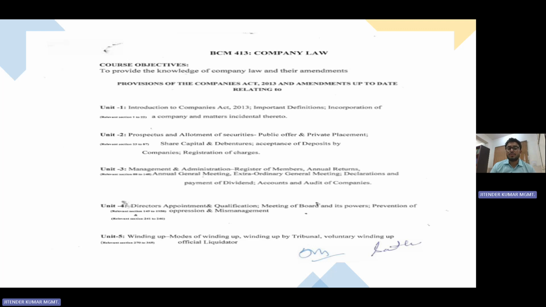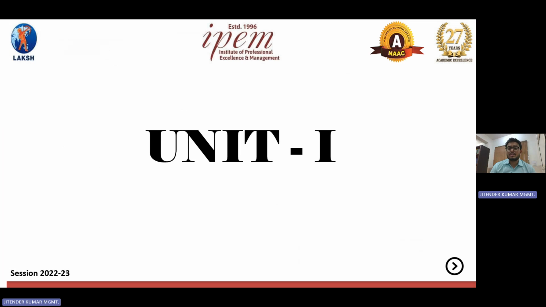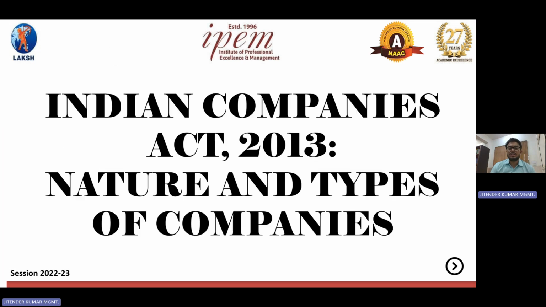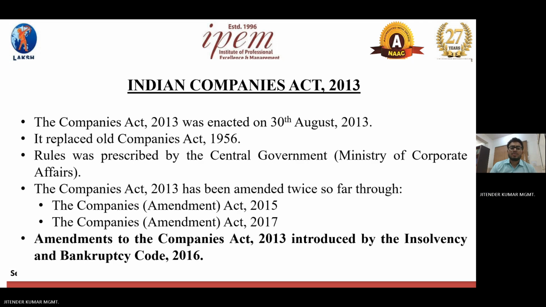Further, we move to the first unit, which is related to the definitions in the Companies Act 2013. Previously it was the Companies Act 1956. First, we understand when the Companies Act was enacted. It was enacted on 30th August 2013.